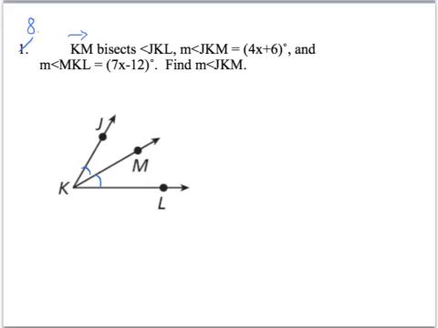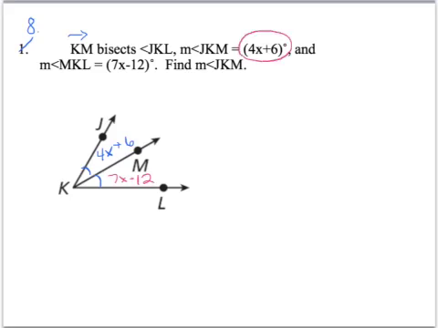Now the measure of JKM is 4x plus 6. And the measure of angle MKL is going to be 7x minus 12. We want to find the measure of angle JKM. Just that one right there.